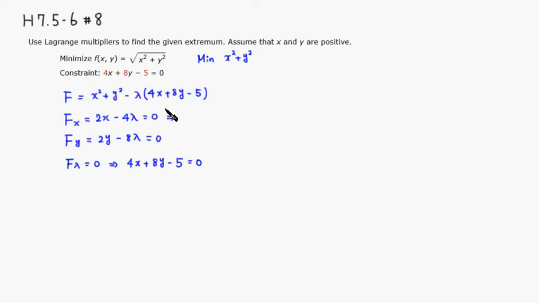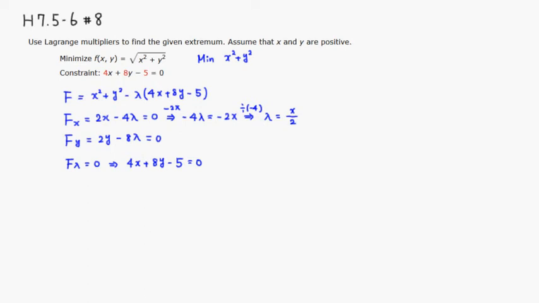So I'll subtract 2x from both sides, so you have negative 4 lambda equal to negative 2x. Then we can just divide through by negative 4 so that we can isolate lambda. So that will be x over 2.